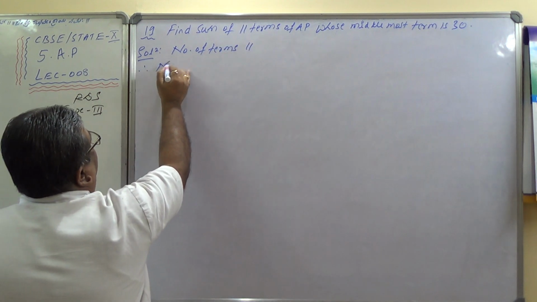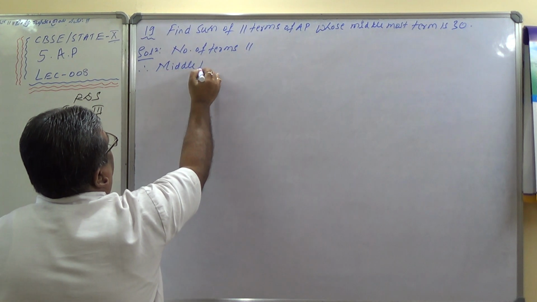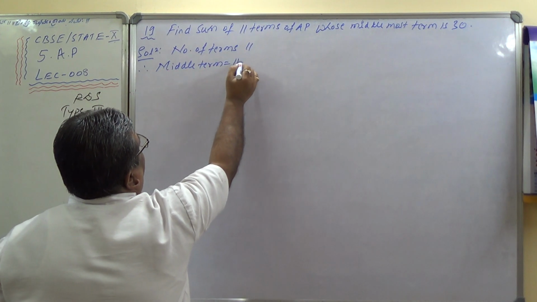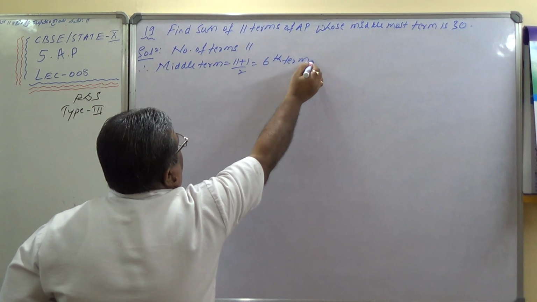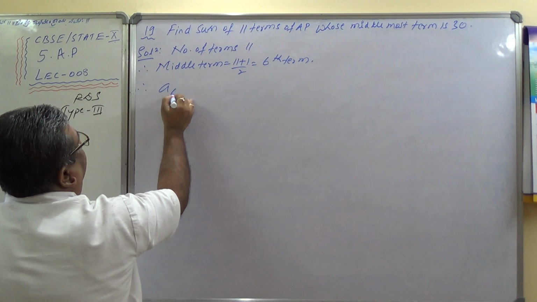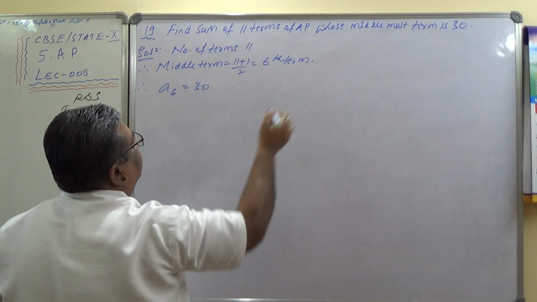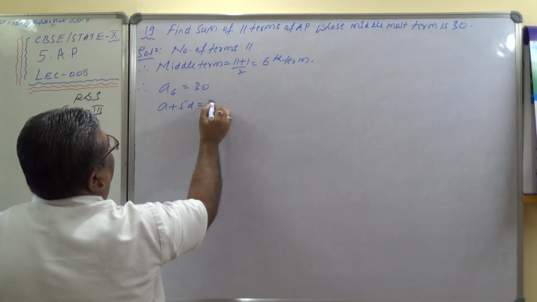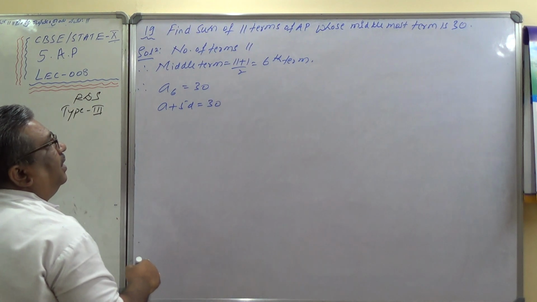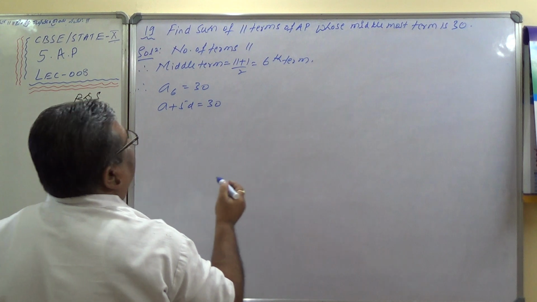Therefore the middle term equals 11 plus 1 by 2, which is the 6th term. Therefore A6 is equal to 30, which is given. A plus 5D is equal to 30.